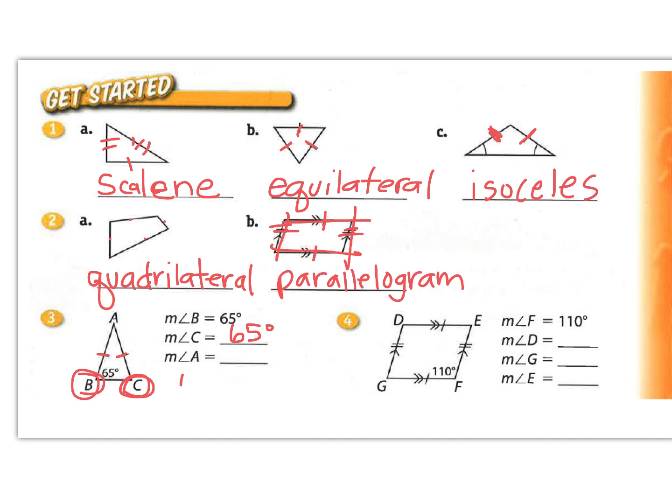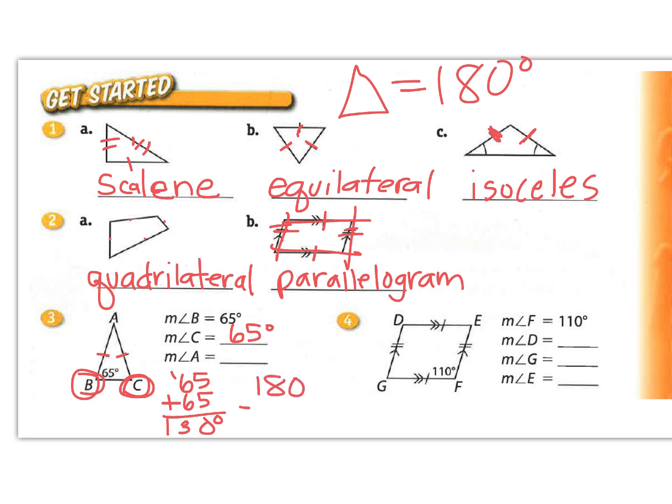So 65 plus 65 is 130 degrees. We subtract that 130 from 180 and get 50 degrees. So that means this angle A is 50 degrees.